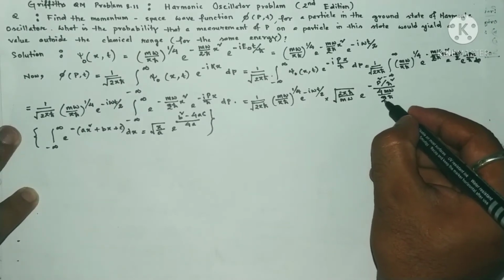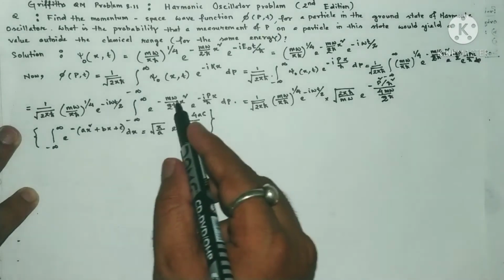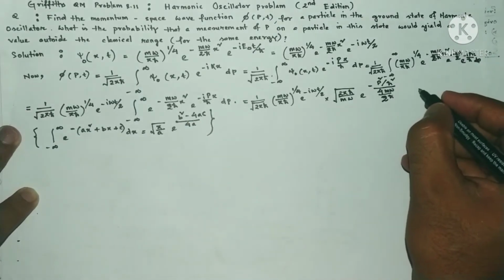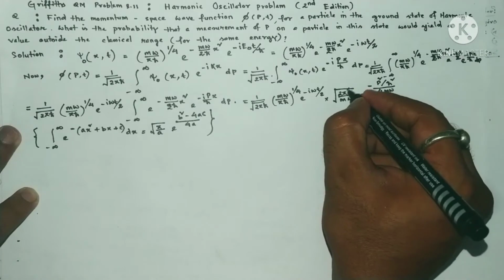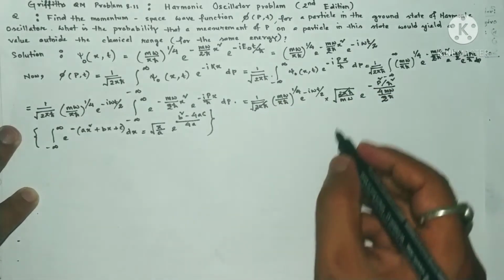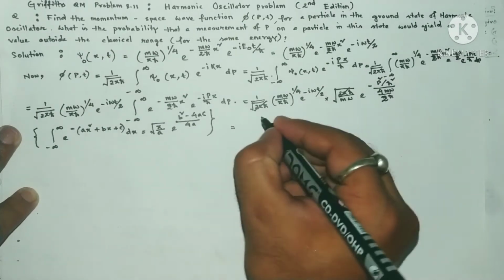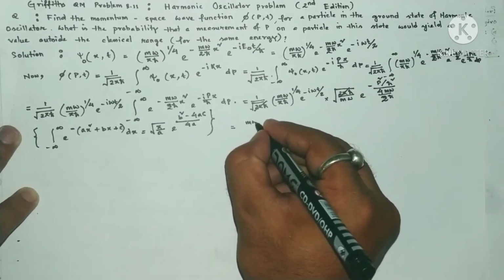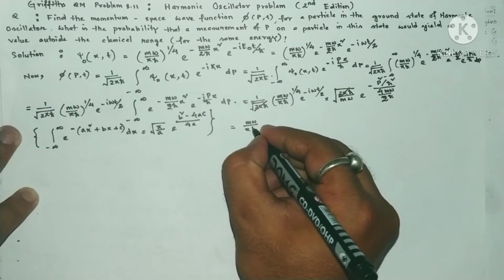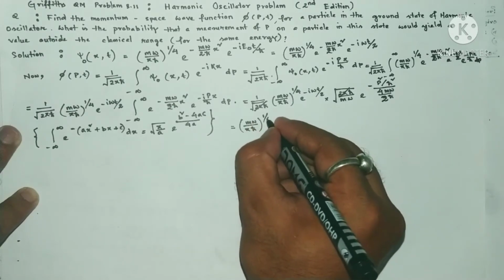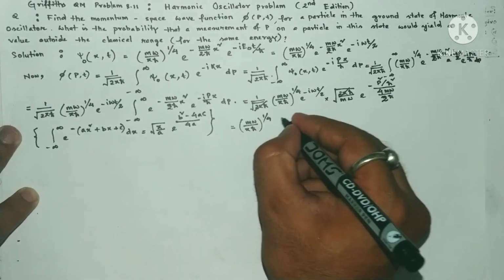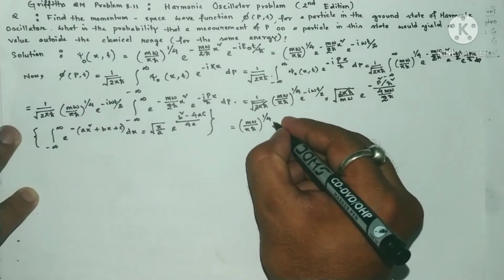Sorry, I have again written pi, it's 2, right? m omega 2 h cross. So this 2 pi h cross will get cancelled out, and then you can write it as m omega pi h cross 1 by 4, and we will be left with this under root.